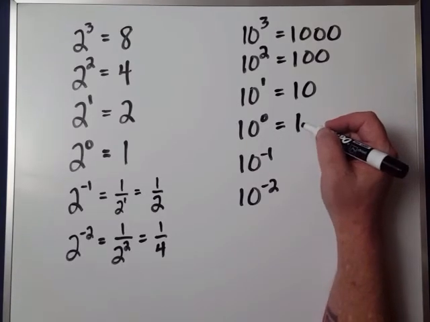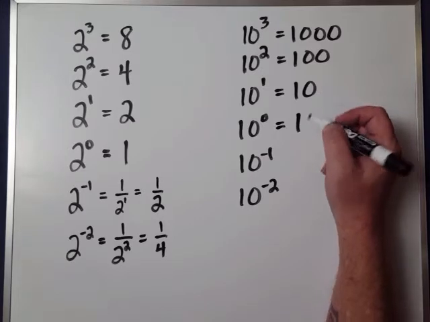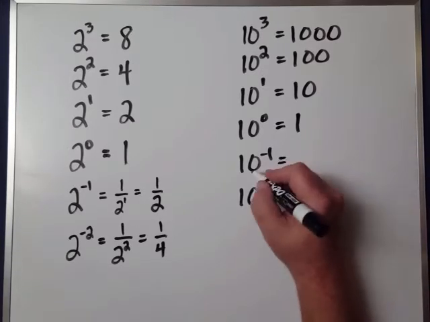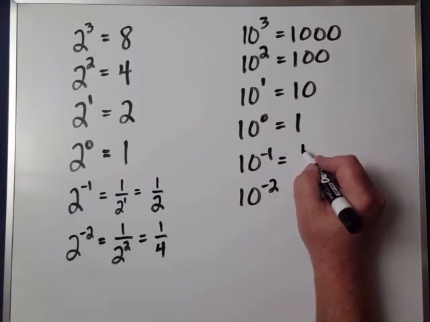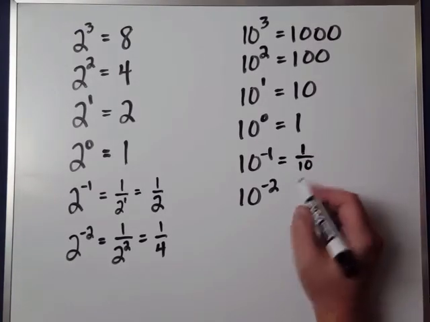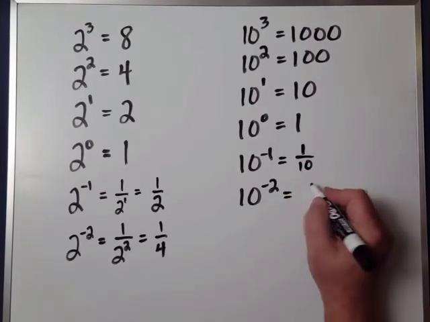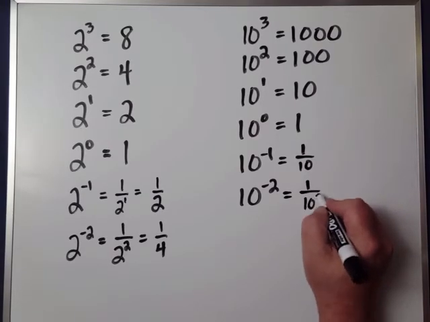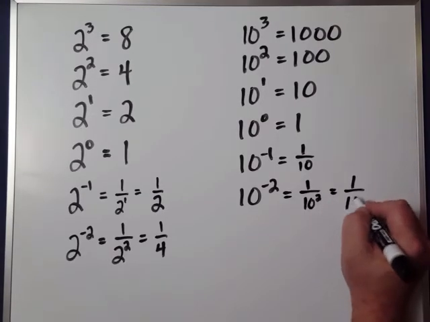When I say that, we understand that I'm not talking about 0 to the 0 power. 10 to the negative 1 is 1 over 10 to the first, which is just 1 over 10. 10 to the negative 2 would be 1 over 10 squared, which is 1 over 100.